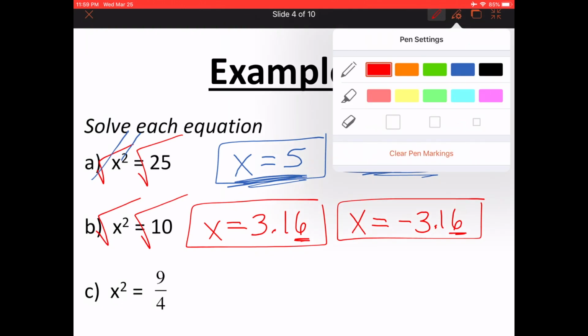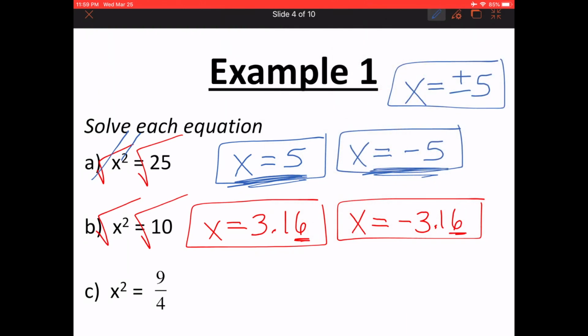For my last example here on this slide, again, I want to get the x alone, so I square root both sides. Even though it is a fraction, we're going to square root the same way. Okay, so over here on the left, my square root and my square cancel out, so I get x equals, now look at my two numbers. They are both perfect squares, so almost treat them separately.